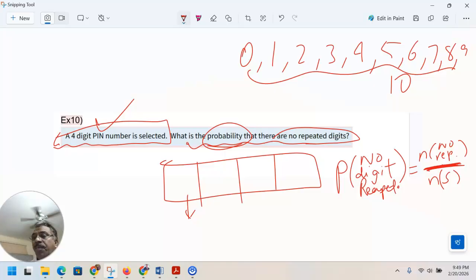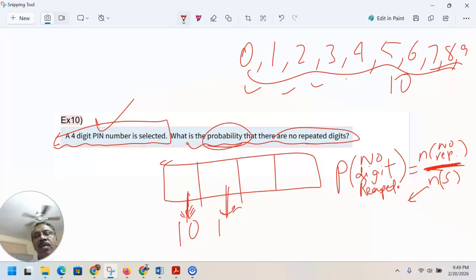The bottom piece is where even repetition is allowed. What that means is the first one could be any of these 10, and the second one again could be any of these 10, and so on.